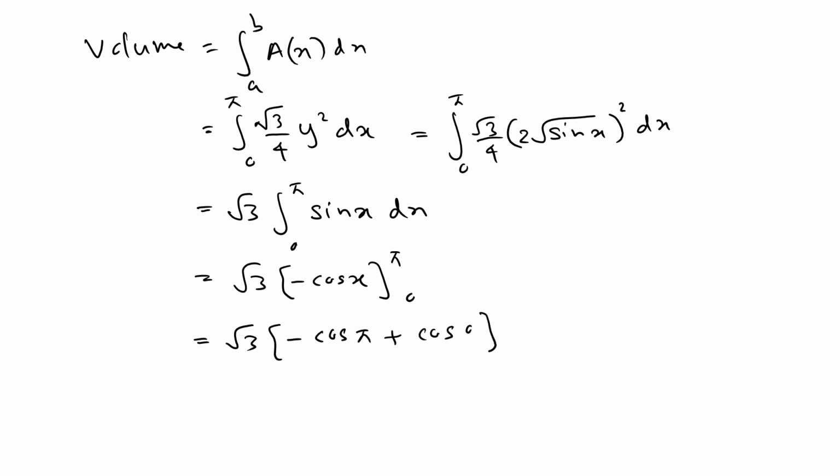We know that cosine pi is negative 1. Cosine 0 is 1. So you're going to get 1 plus 1, which is 2. So you get the final answer as 2 square root 3.